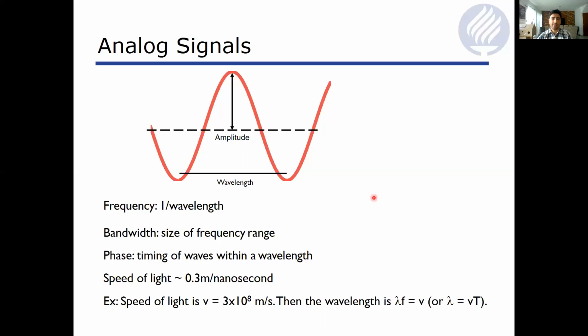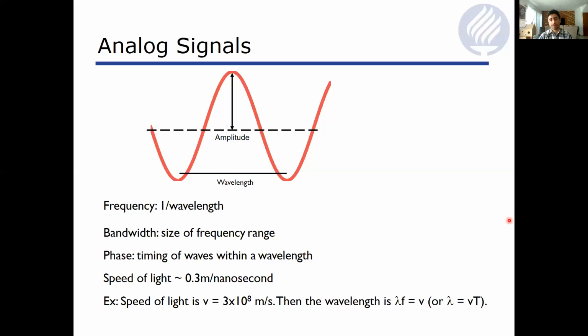That 1 billion wavelengths can be translated to a 1 gigahertz channel. With a 1 gigahertz channel, we have 1 billion signals per second. So we can use this as a rule of thumb for calculating the wavelength.